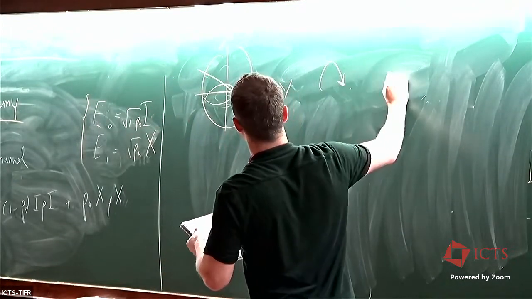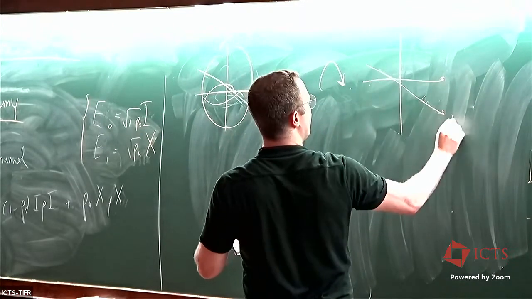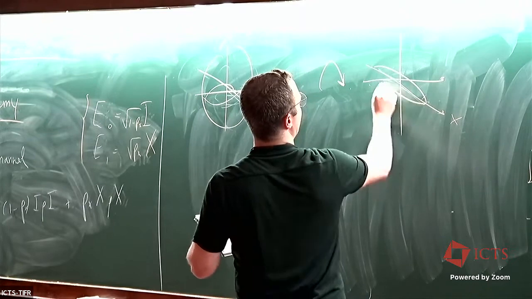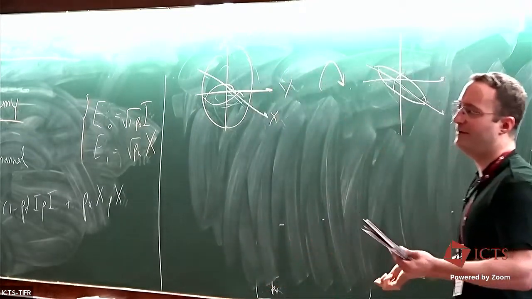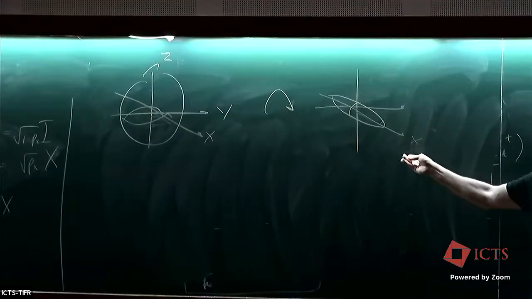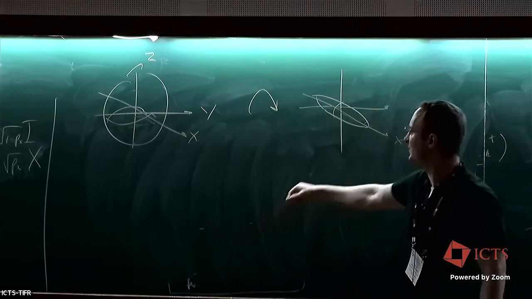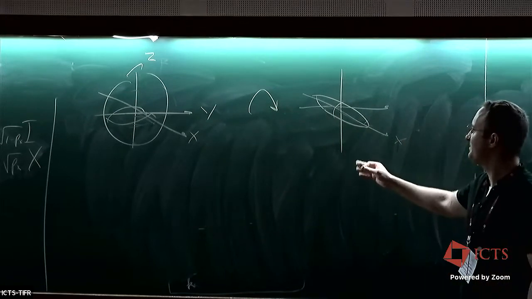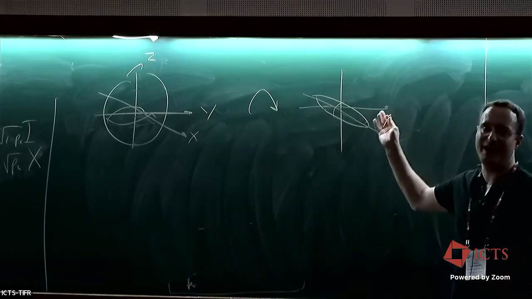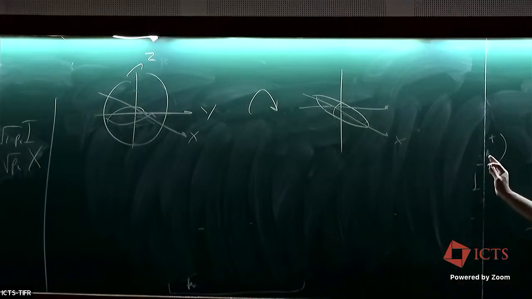Under this bit flip channel, it turns into a cigar. Why a cigar? Because, for example, an eigenstate of X will not be harmed by this bit flip channel. It's only eigenstates of Z and Y that get affected. Is this clear? Any questions?